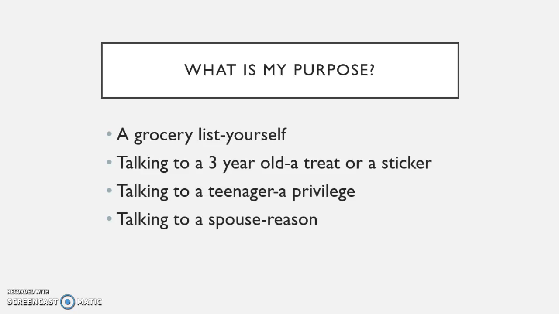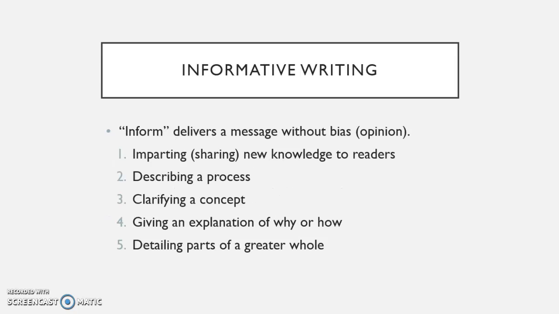And there are 5 different purposes for writing, and they are introduced right here. When we want to inform someone, inform means to deliver a message without bias or opinions.